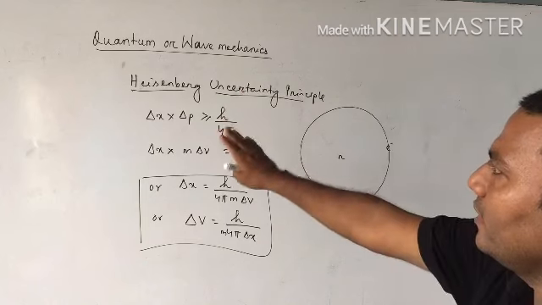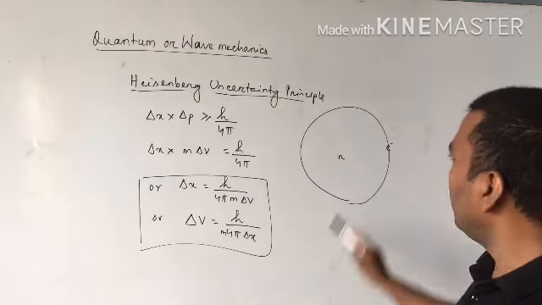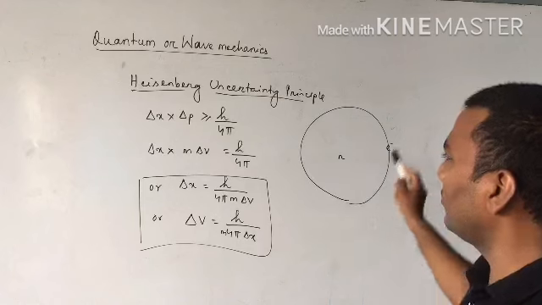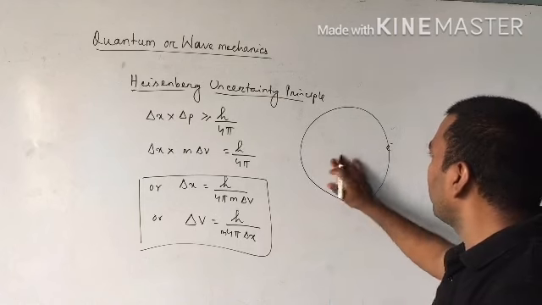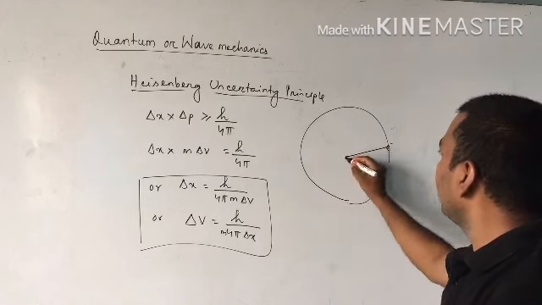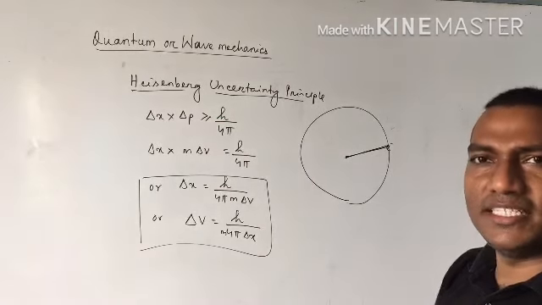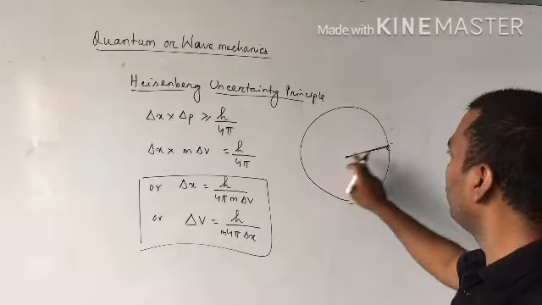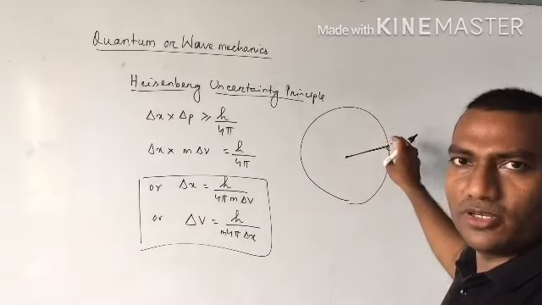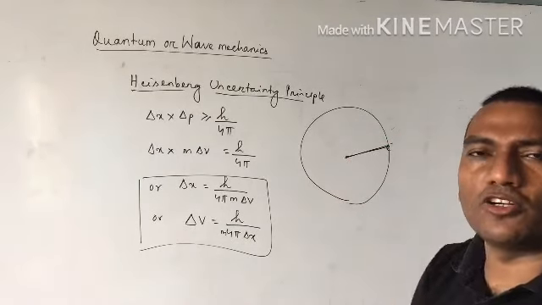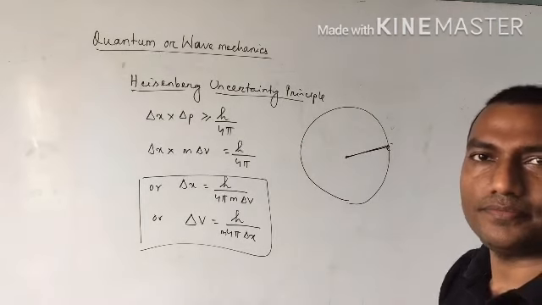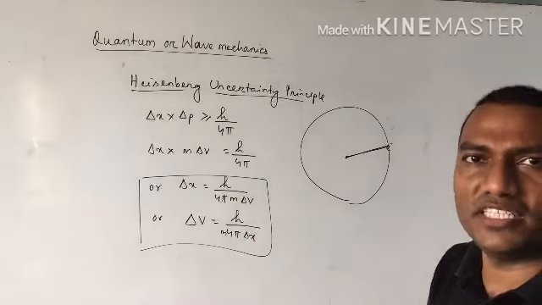But Heisenberg said, suppose the electron is revolving around the nucleus, and first we have to calculate the distance. When you are calculating the distance between these two particles, the electron should be 100% at rest. Otherwise, how will you calculate the distance?